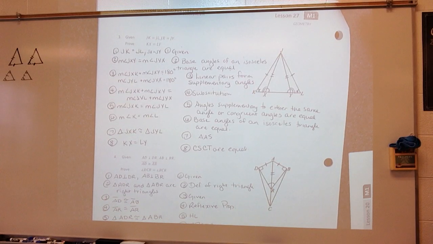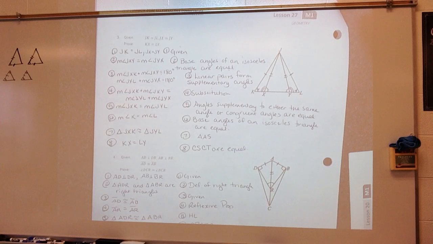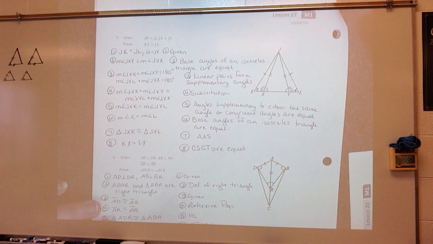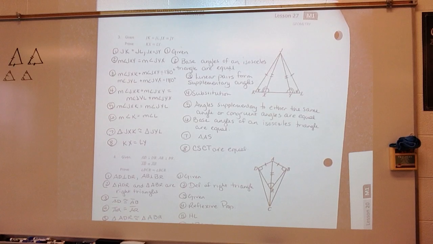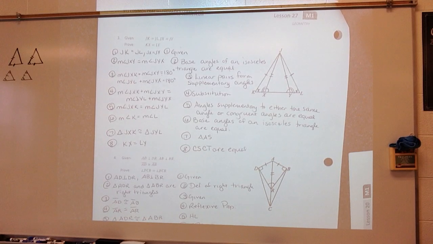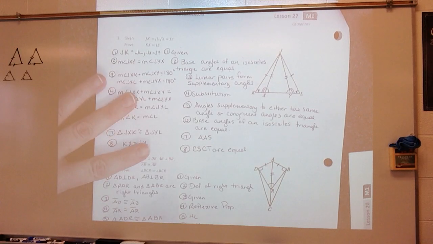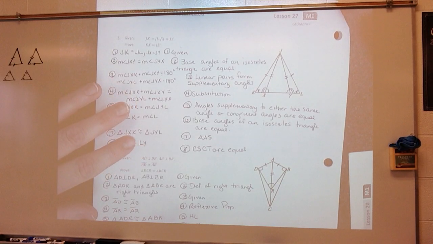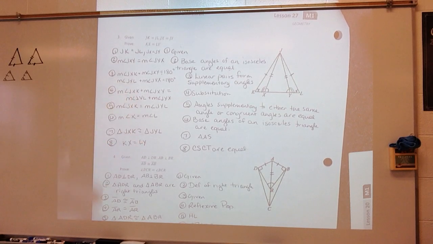So looking at this, because of this, I can now say that the measure of angle DRC is equal to the measure of angle BRC because they're congruent to the same angle. Okay, so that was number 9. Alright, number 10, my next step.